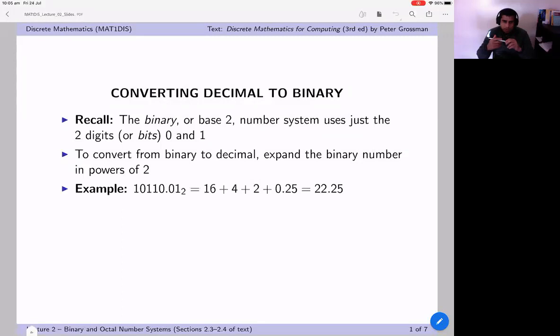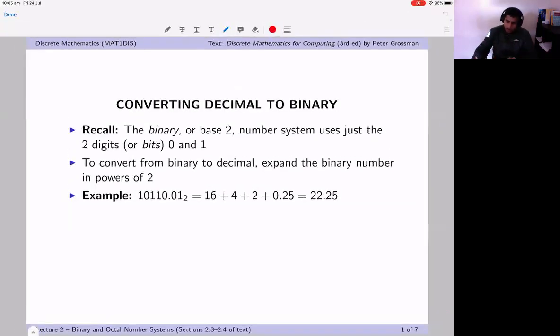Let's look at some examples. The number 10110.01 is written in base 2. If I want to write that in real numbers or decimals, what does that essentially mean? This essentially means that this number is 0 times 2 to power 0. This is 1 times 2 to power 1. That is 1 times 2 to power 2.